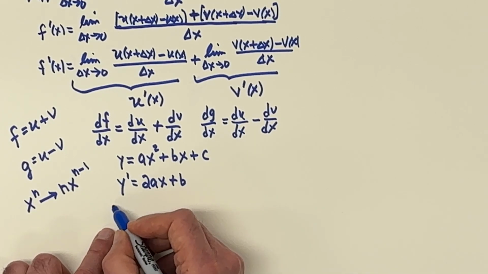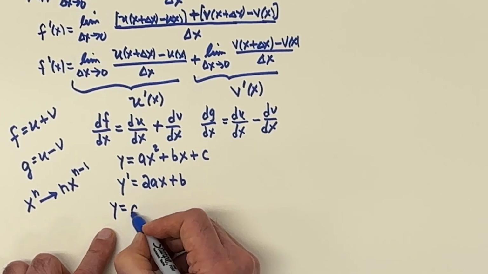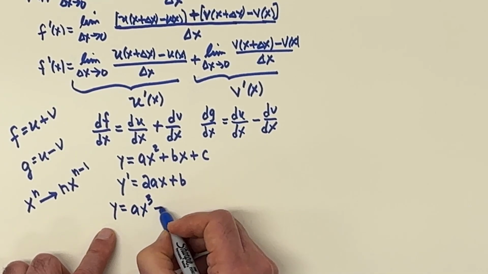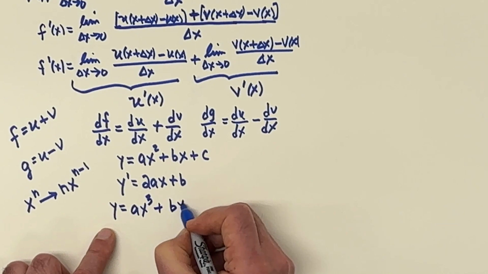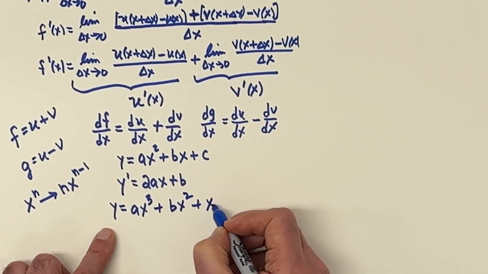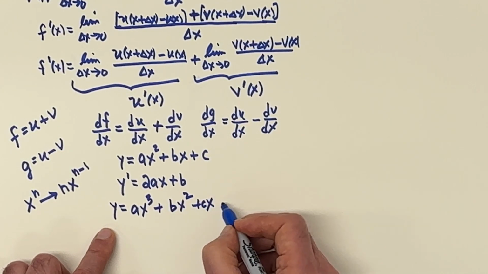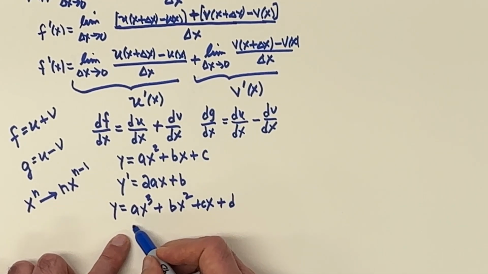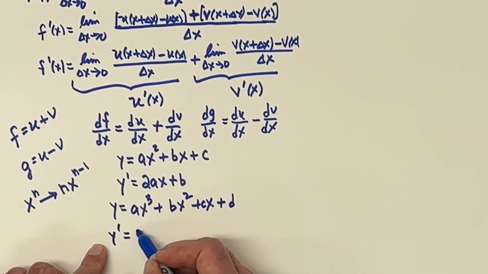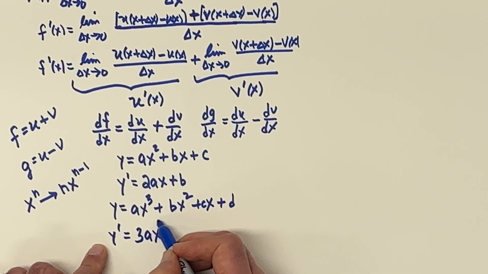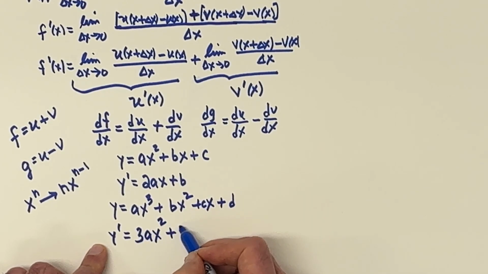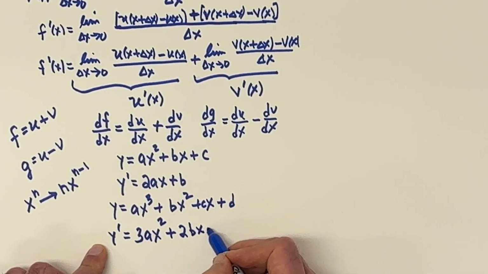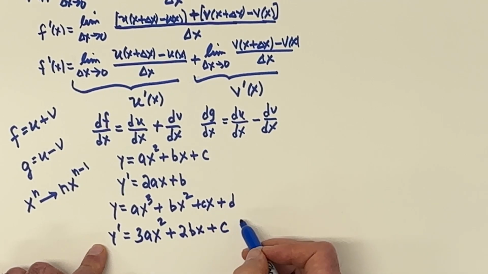So here, if you had y equals ax cubed plus bx squared plus cx plus d, for y prime you would get 3ax squared plus 2bx plus c plus 0.